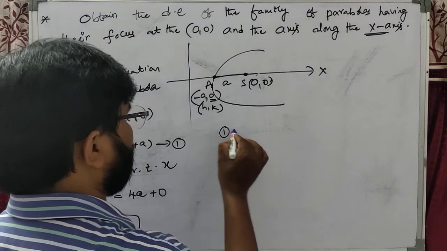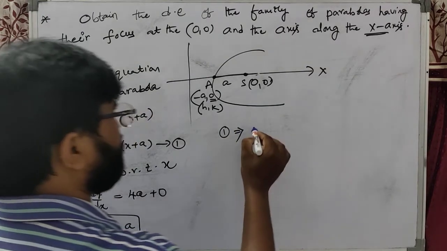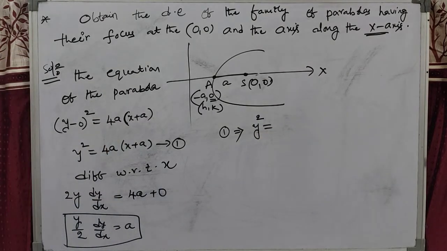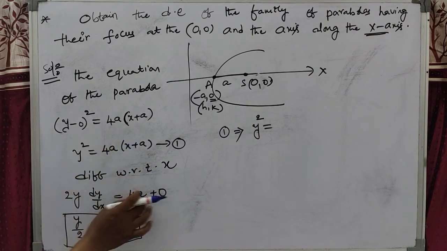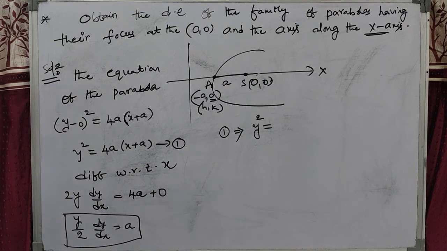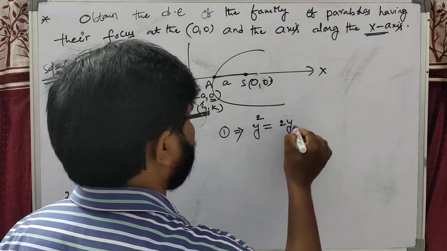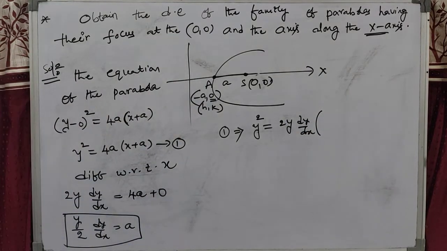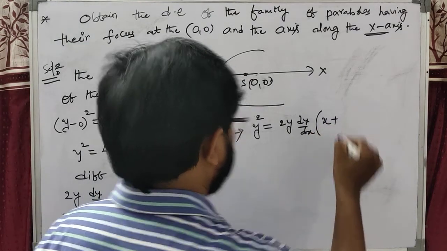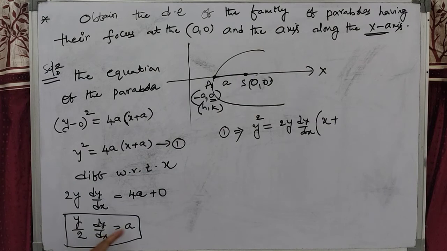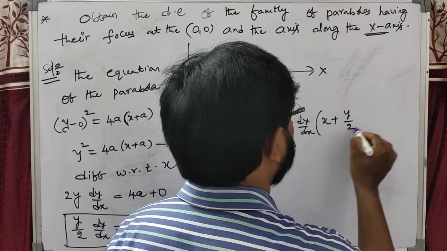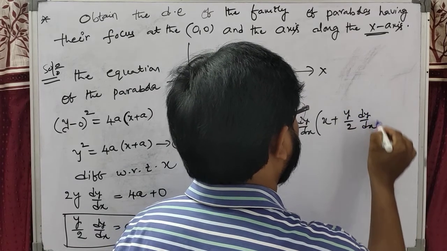Now equation 1 can be written as y square equal to 4a, and 4a is 2y into dy by dx, into x plus the value of a, which is y by 2 dy by dx.